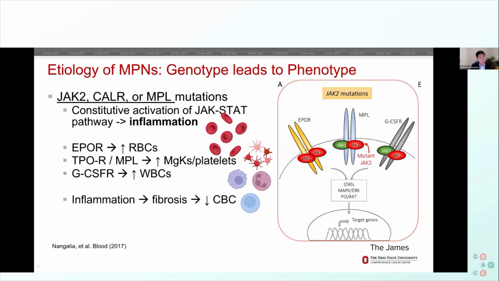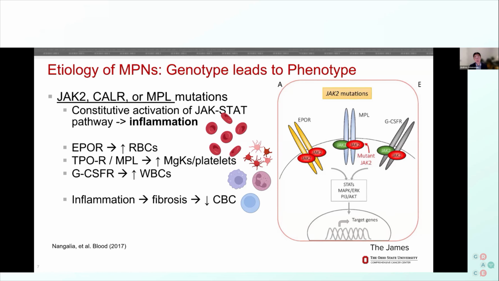But as I mentioned, when the factory is always on, the lights are always on, there's quite a bit of inflammation, and that leads to a lot of scar tissue in the factory of the blood cells, and that's called the bone marrow. When there's a lot of scar tissue or fibrosis, there's not a lot of space for the blood cells to be made anymore, and you become anemic with low red blood cells, or thrombocytopenic, with low platelets.